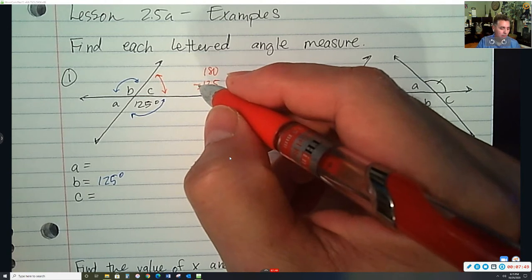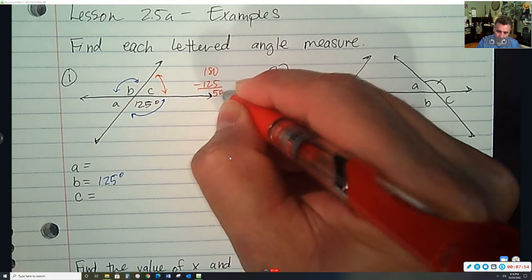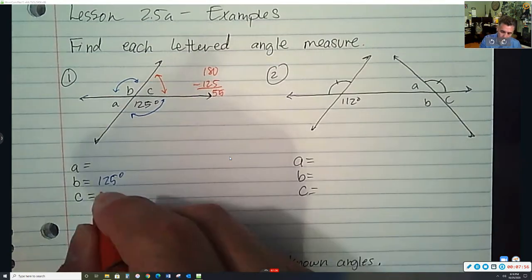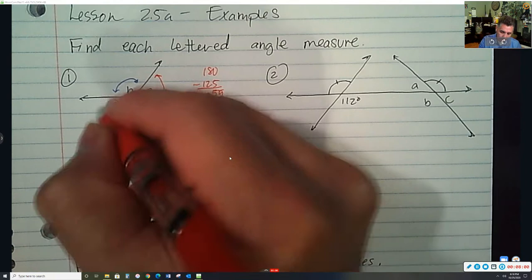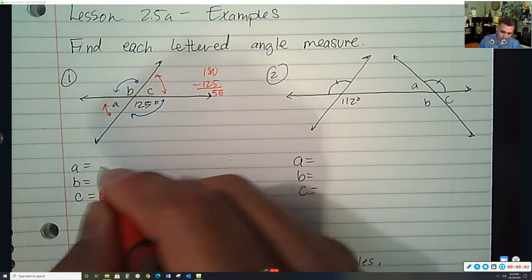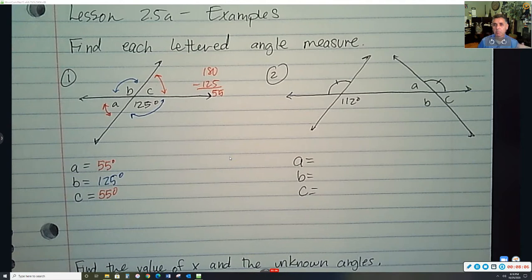Let me go ahead and knock that out in the calculator. Yep, 55. So I know C is 55, and then C and A are vertical angles, so those two are equal. Pretty straightforward.